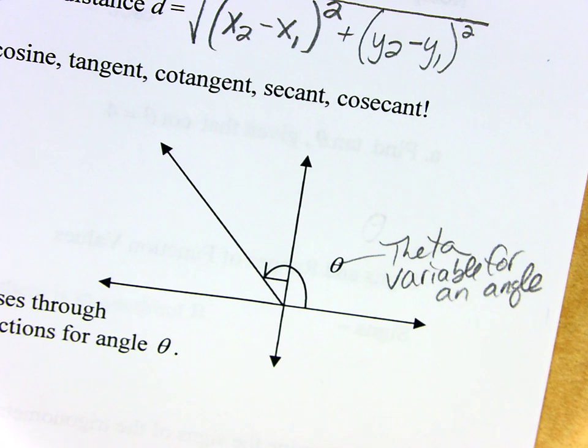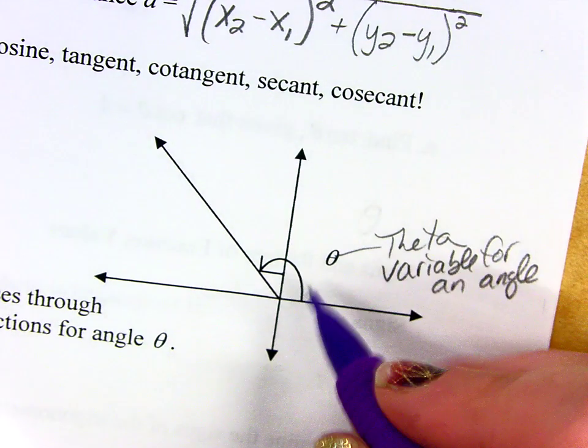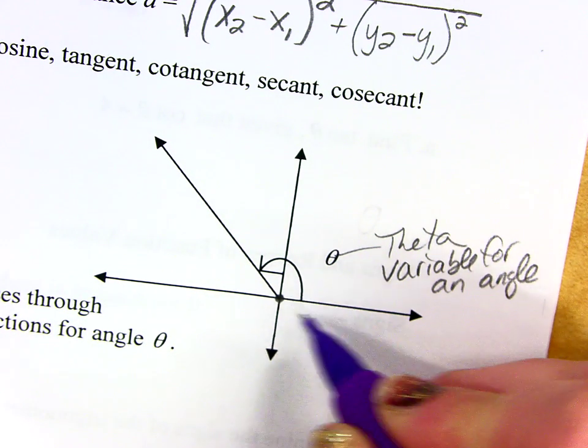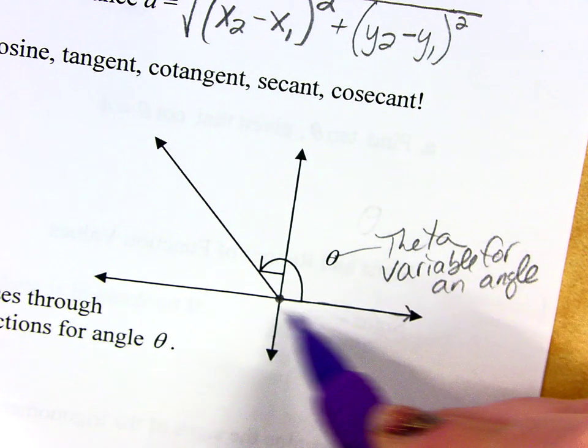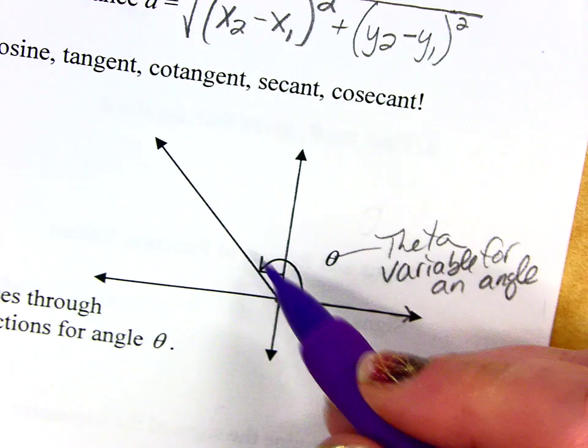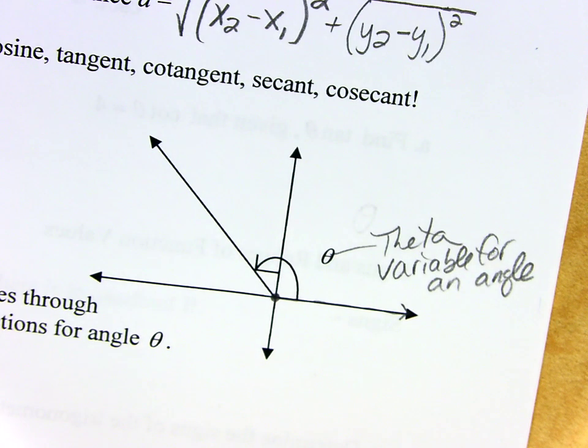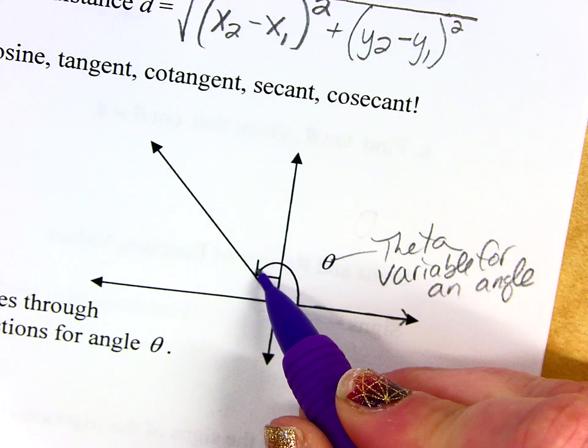Okay, so what we're going to be doing is we're going to be taking different angles, putting them in standard position. So remember, that's when you have the vertex on the origin. One side of your angle is along the x-axis, the initial side, and then you have a terminal side that lands somewhere in one of the 4 quadrants, right? So I have this angle.